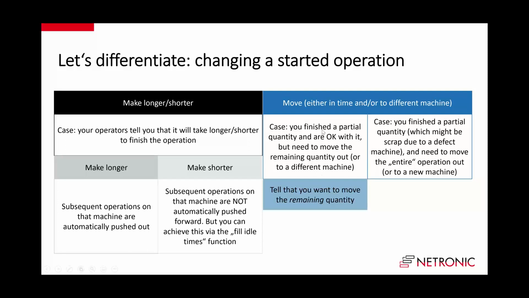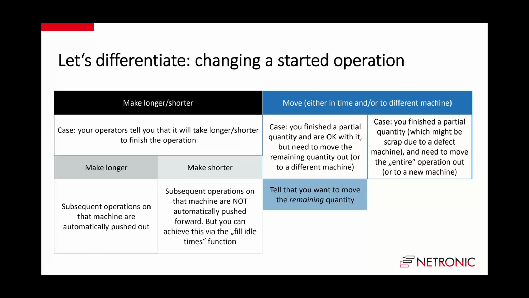And then there's another case. Maybe you finished a partial quantity, but this finished partial quantity might be scrap, because there might have been something wrong with the machine, and this defect let you produce bad output.